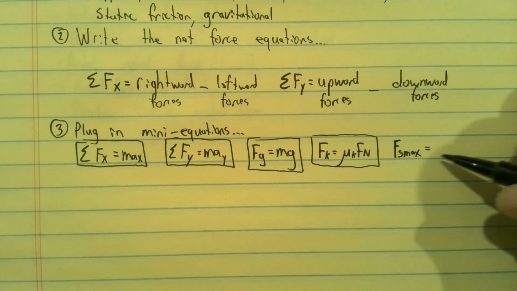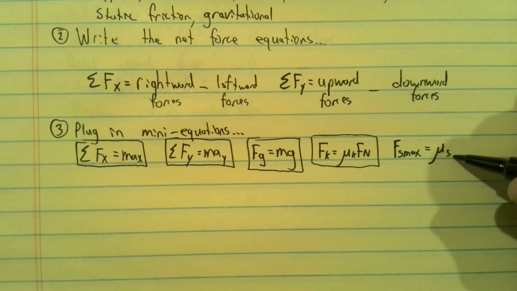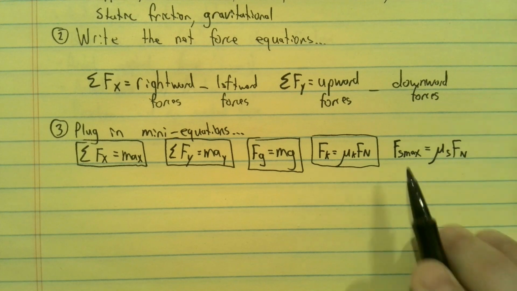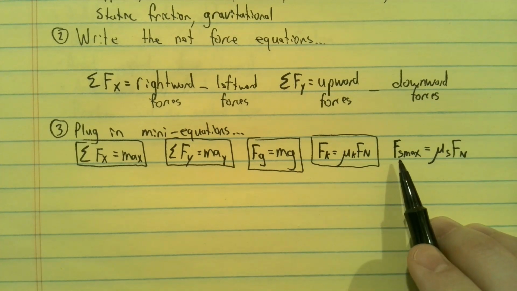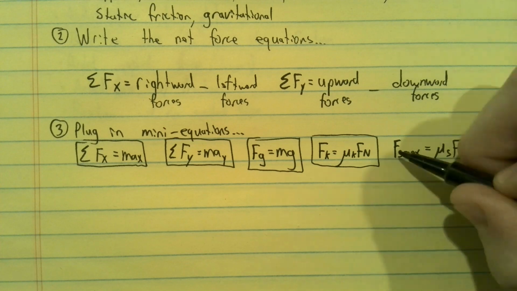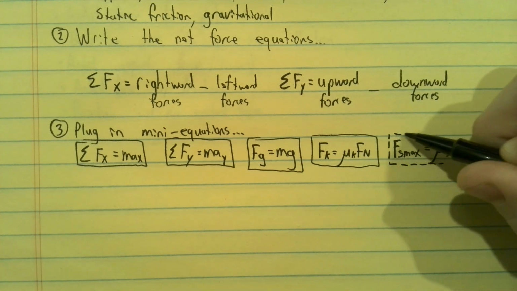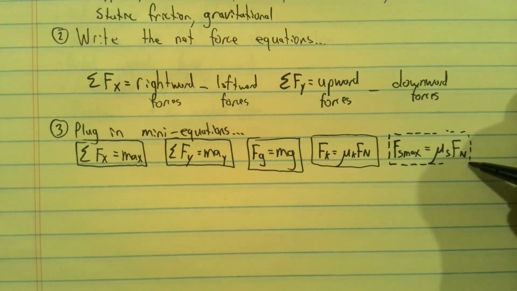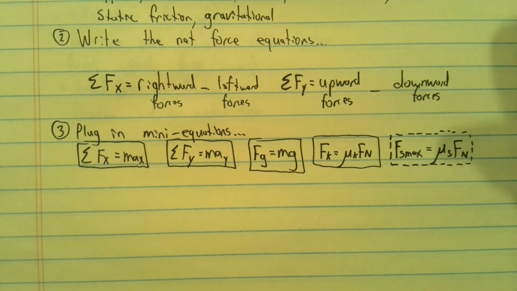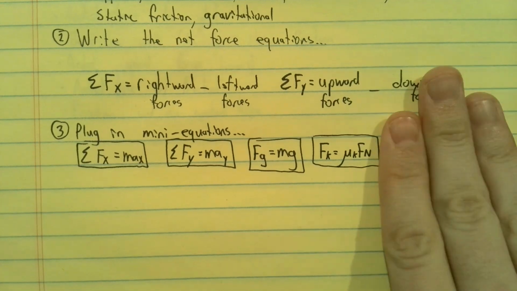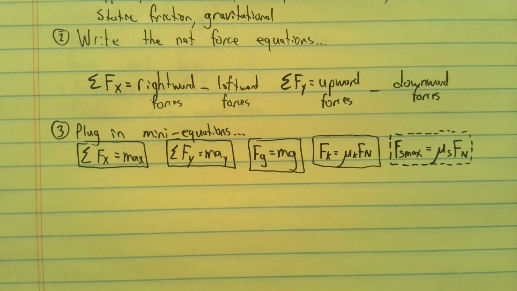Depending on the context of the problem, we might be looking at regular old Fs, or we might be looking at Fs max. I'm going to put a dotted line around this one because you have to be careful with it. You can't always just plug it in. I'll provide specific examples about that if it becomes relevant. Otherwise, we'll ignore it. Today we won't use it at all.